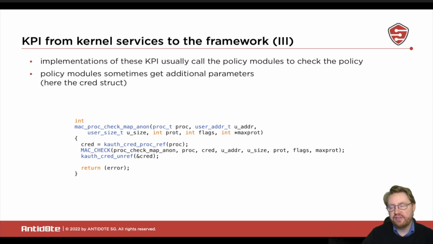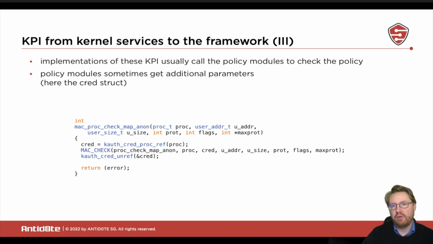The only difference here is that there's this credential structure that is additionally given to the hook because the hook wants the credentials, and Apple decided that it's better to already give the call the credentials, even so that the called function could actually also retrieve the credentials itself.